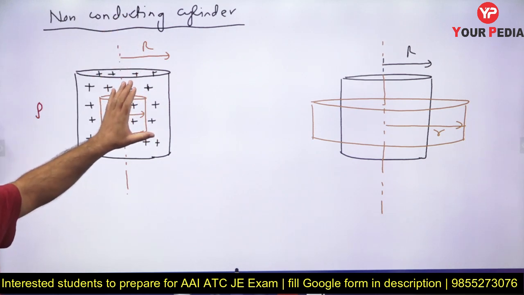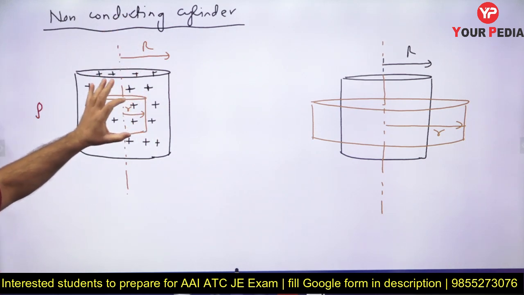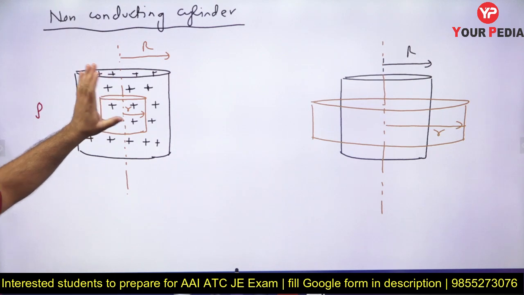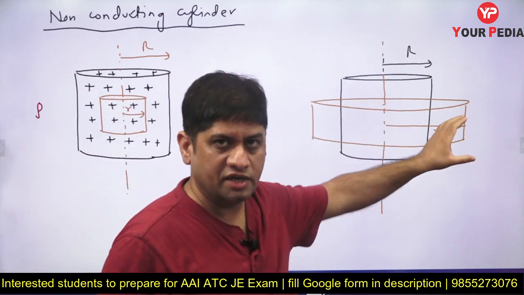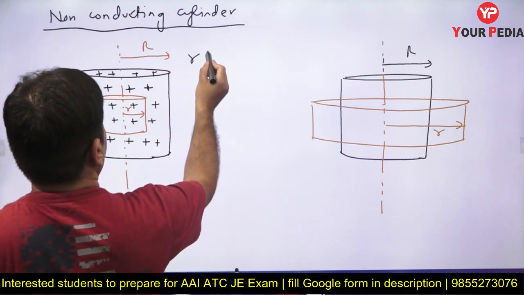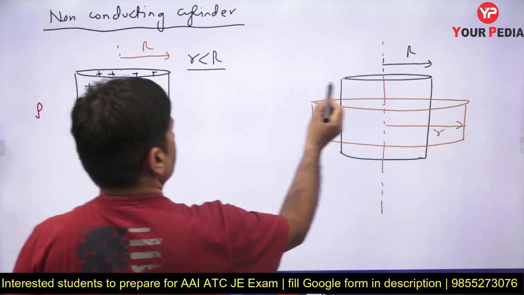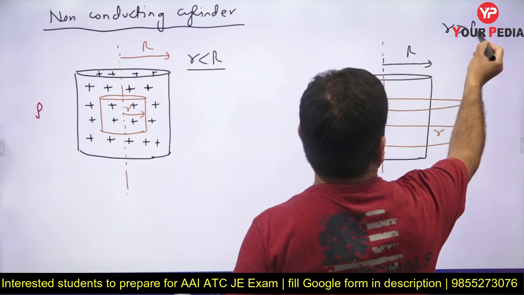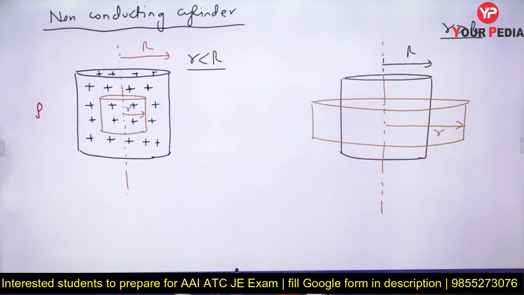This has two further cases. One, if I want to find out the electric field inside it. Another, I want to find out the electric field outside it. So for the Gaussian surface, radius r is less than R. Second, r is greater than R. These are the two cases.